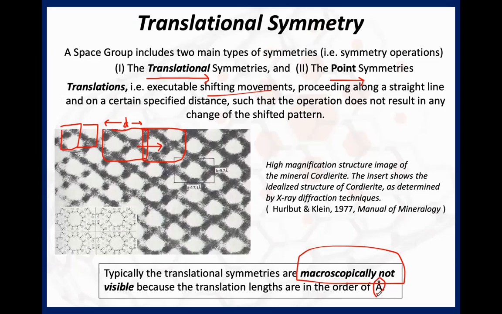So it is a very, very little distance. This is very important. For example, this is a cordierite crystal, a mineral called cordierite. If you want to move it, you have to move it up to here. Then you can see a translational symmetry for the crystal.